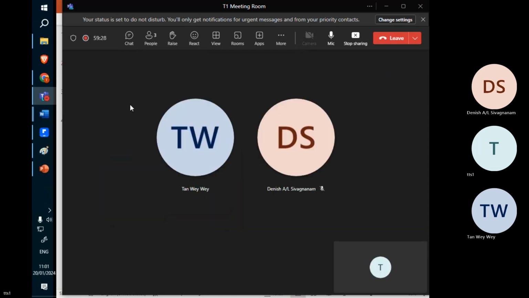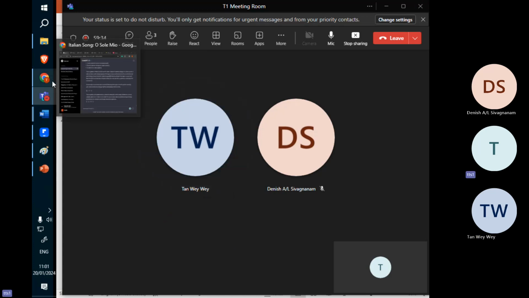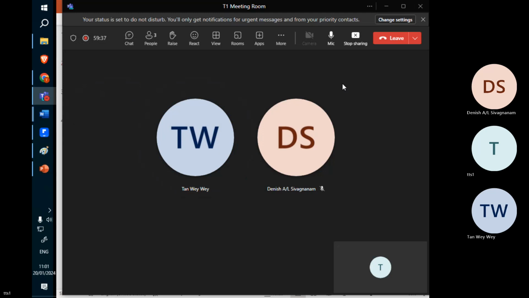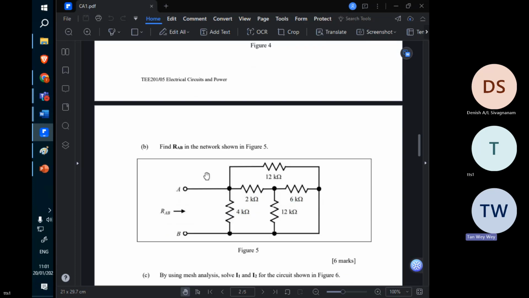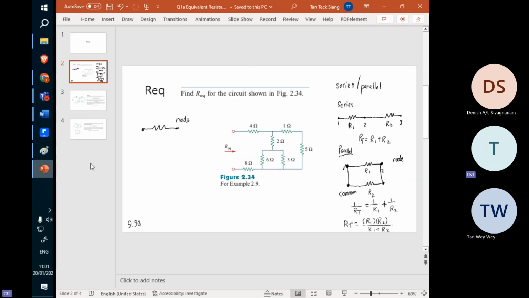All right, Miss Tan, are you there? Have you done? Have you found the answer yet? Is it 3 or 4? So what's your answer for this circuit? 3 over 4 ohm? 3 or 4?